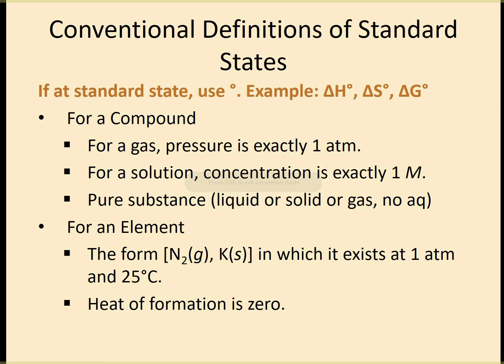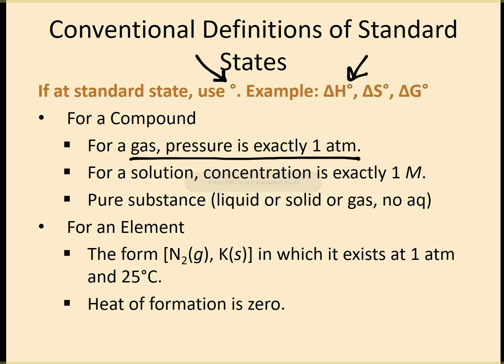When we're looking at these enthalpies, they typically use a little degree sign or a naught, and this is what it will look like. So delta H naught, and that means that we are at a standard state. For a gas, that means that our pressure is exactly 1 atmosphere.